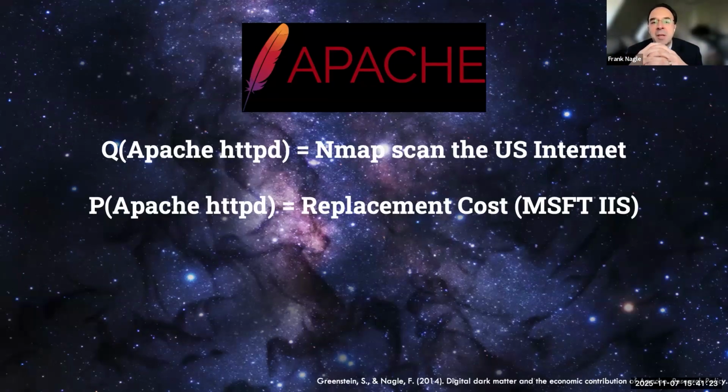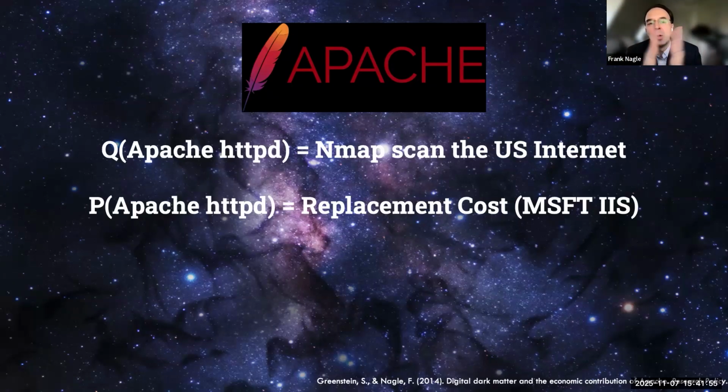We think about something roughly close to performing the same function as the thing we're trying to measure, and we use the price of that. So we use the price of Microsoft's IIS web server. Apache and IIS differ in many ways, but at the very least, they perform a lot of the same functions: serving web pages.